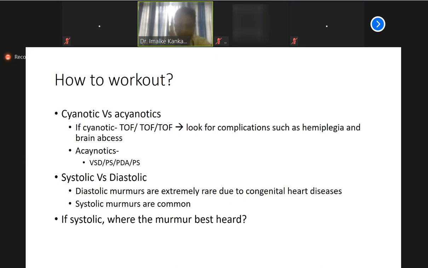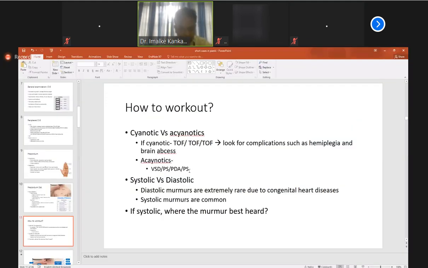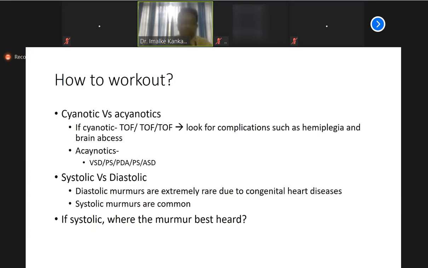If it is acyanotic, PS, PDA, VSD and ASD have to be considered. ASD also. When I was a medical student, if I did not hear anything, the diagnosis I gave the examiner was ASD. That is something where you don't get lots of physical signs. But PS, you will hear a very good murmur.